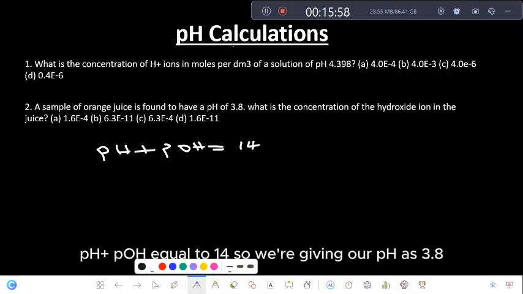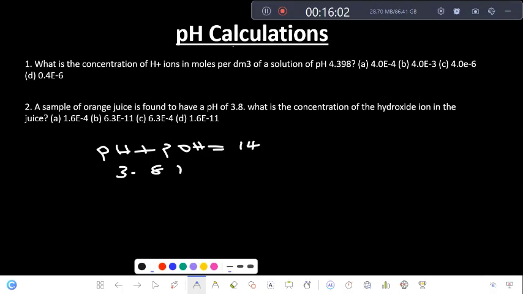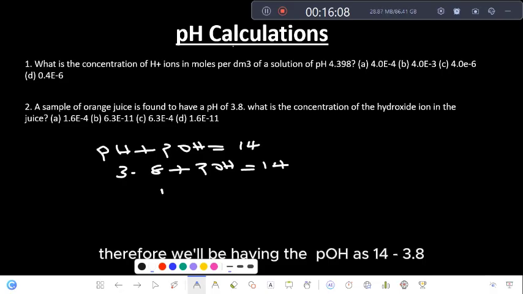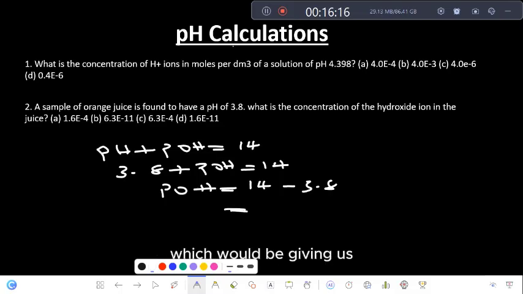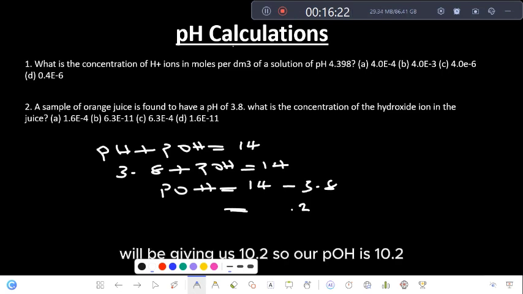So we're given our pH as 3.8. We are to look for the pOH first. Therefore, we'll have the pOH as 14 minus 3.8, which gives us 10.2. So our pOH is 10.2.